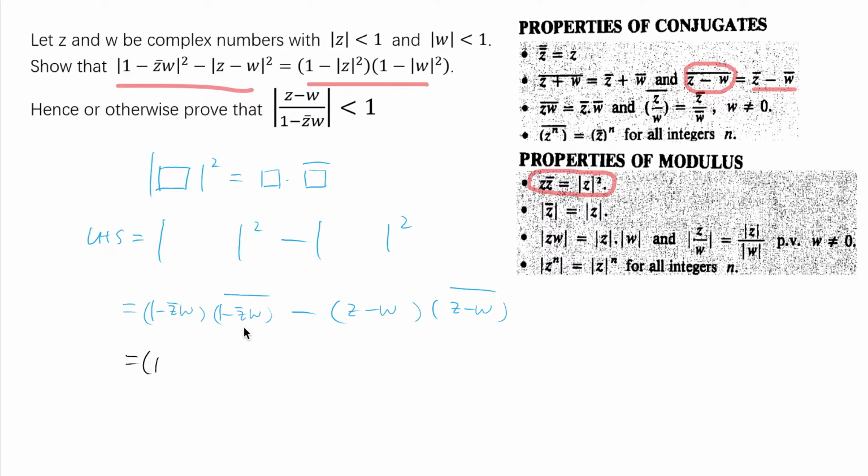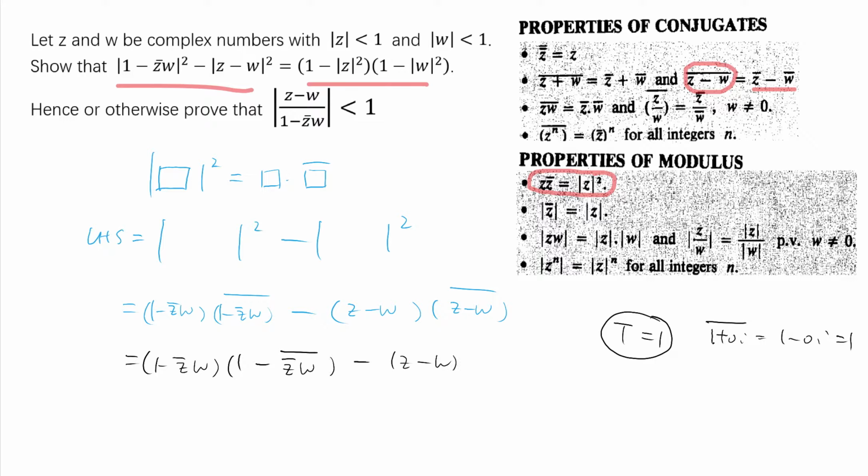So this is 1 minus z conjugate w, and then the conjugate of 1, so 1 conjugate still equals 1, because it is the conjugate of 1 plus 0i, which equals 1 minus 0i, but this still just equals 1. So we have 1 minus, okay, the next part is the conjugate of z conjugate w, minus z minus w, z conjugate minus w conjugate.